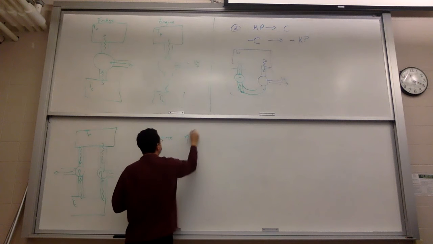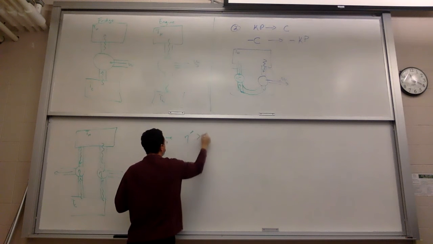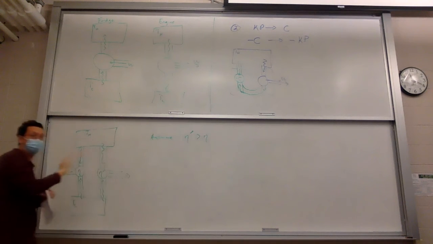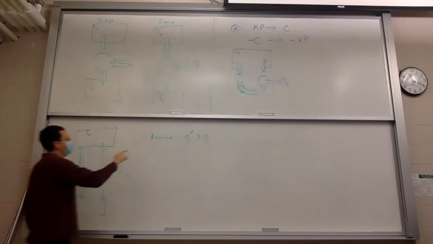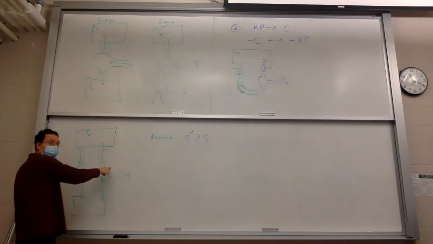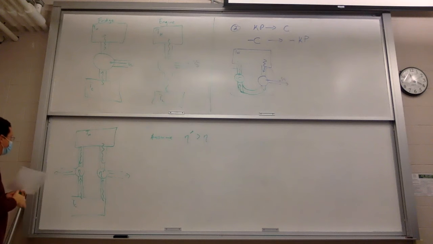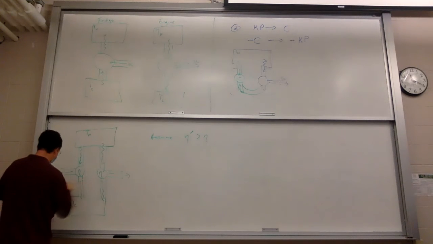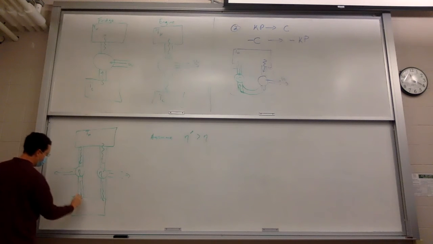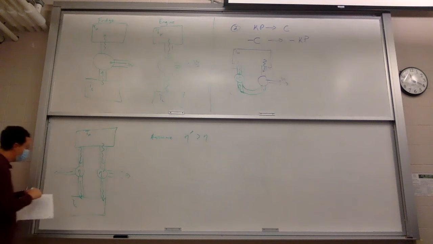Okay, so now let's assume that the efficiency of this one is greater than the efficiency of this one. They're both reversible, but assume that this one is more efficient. Okay? So I could do that. And so what does that mean? Oh, sorry, these should be heats. This exhaust should be out. Okay? What does that mean?